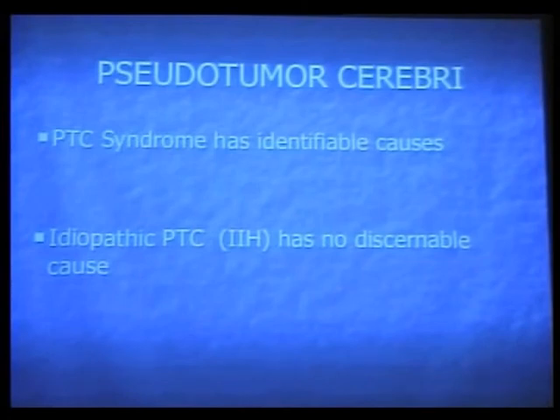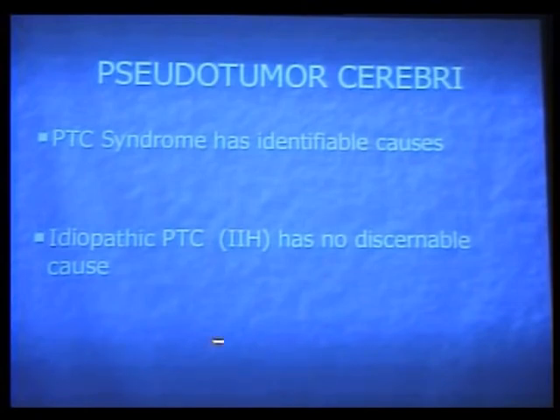Now, there are a lot of different names for this. And the neurologists some time ago got hooked on IIH, idiopathic intracranial hypertension. However, I never liked it because it was clumsy, because there were these pseudotumor syndromes that were not idiopathic, that had identified causes.